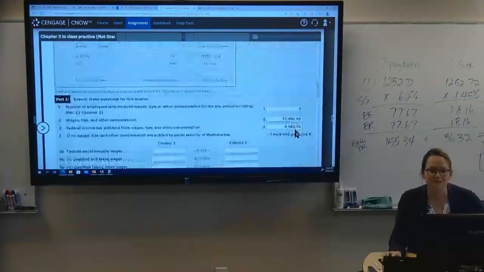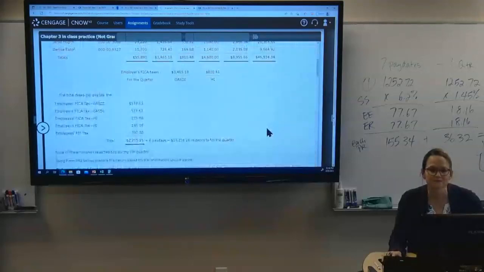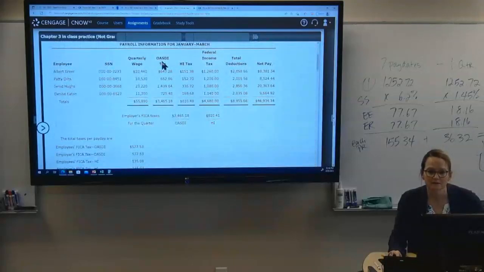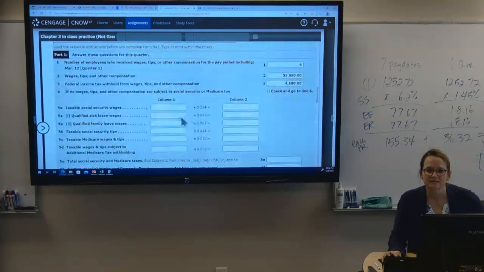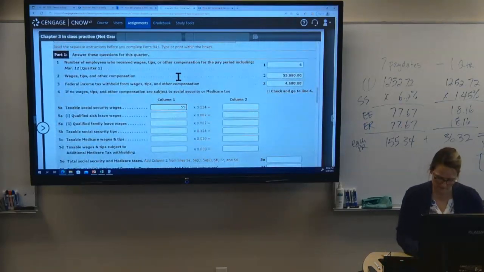Okay, so taxable Social Security wages. Let's see. Guess it's the same as the 55,890. So 55,890 here. And Medicare, 55,890.